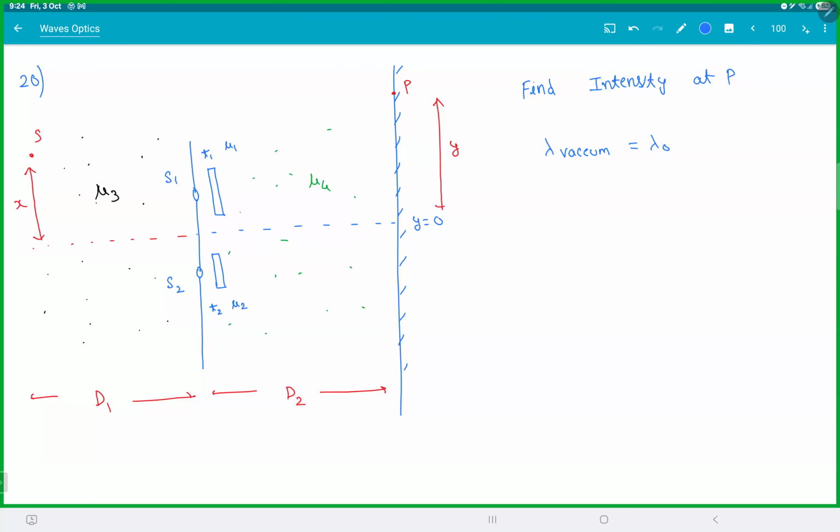You know what to do when there are slabs, right? You know what to do when the source is not equidistant. You know when there is a medium. And if there are two mediums and slabs and the object is shifted, I messed up everything there. Let's see, think for 2 minutes. Then I'll tell you how to approach this. If the whole thing had the same medium, your life would have been easy.